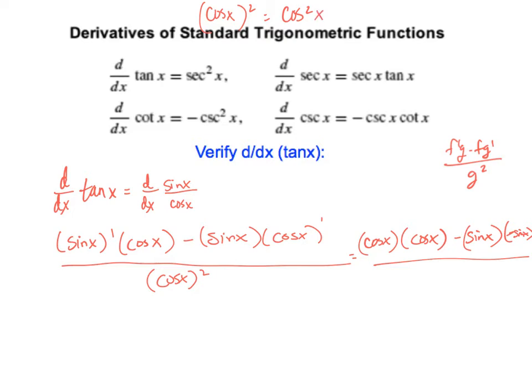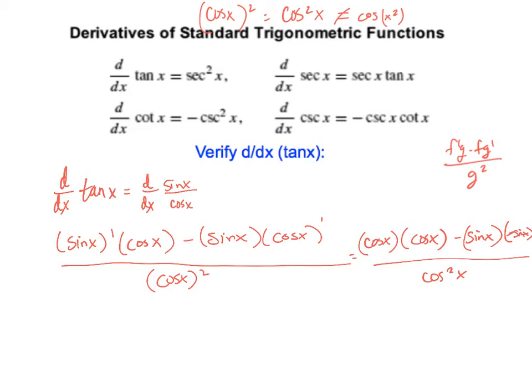It is not cosine of x squared. That is very different. It's like the operation is being squared, not the input. So that's how it's most commonly written.